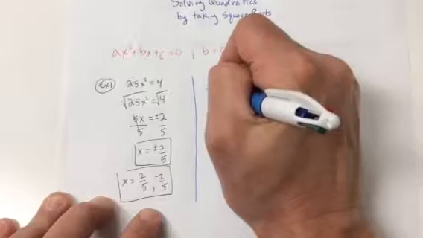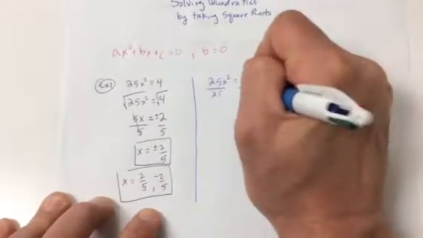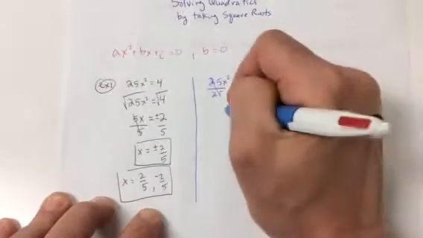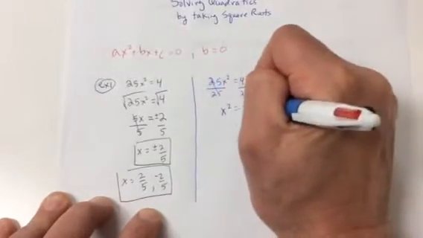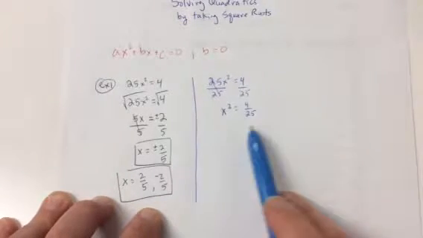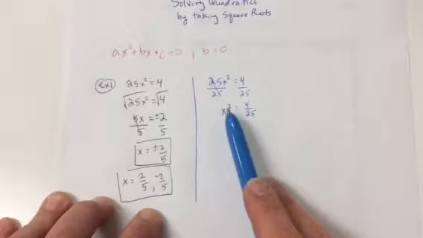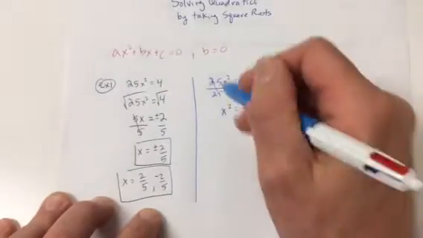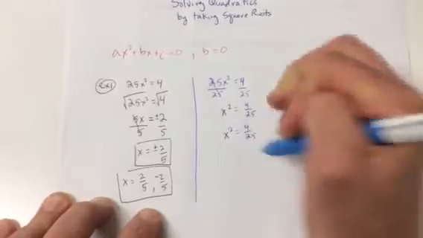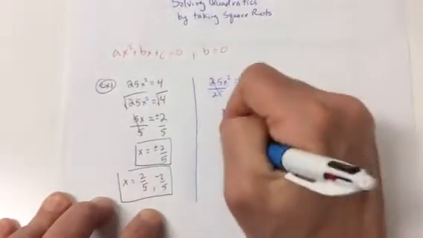So I'm going to divide both sides by 25. Those divide out, so I'm left with x squared equals 4/25. Now I have my x squared isolated, so now I can take the square root of both sides.